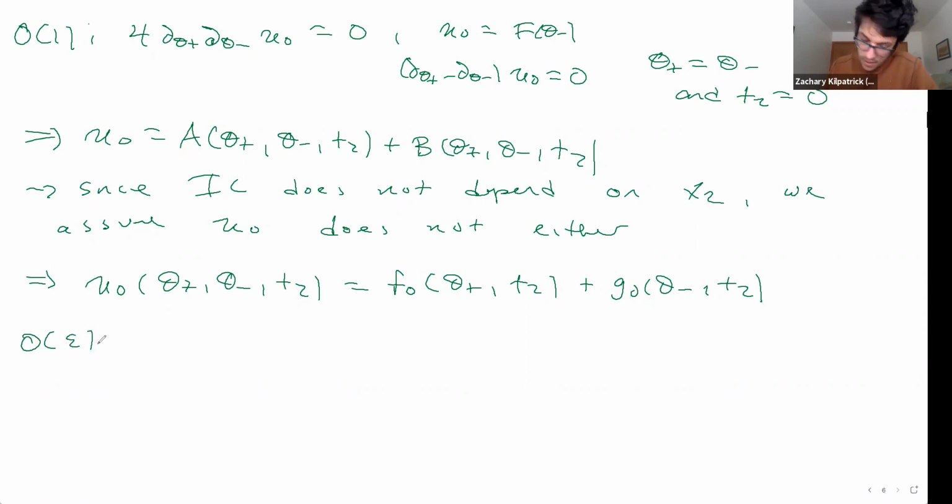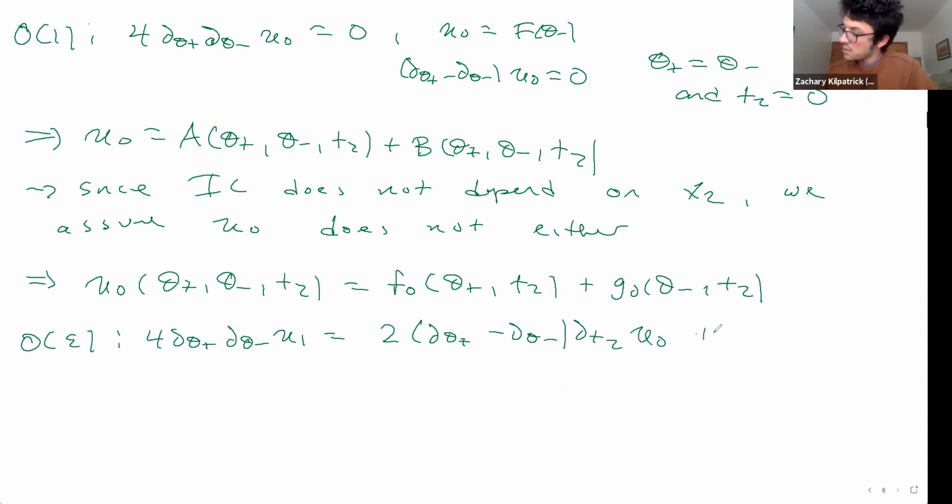At order epsilon now, we have 4 d theta plus d theta minus u1, and now the terms come in that provide the forcing that we're going to have to cancel in order to remove secularity.